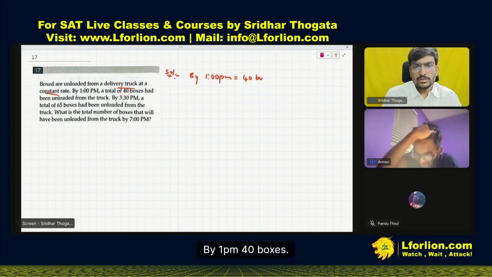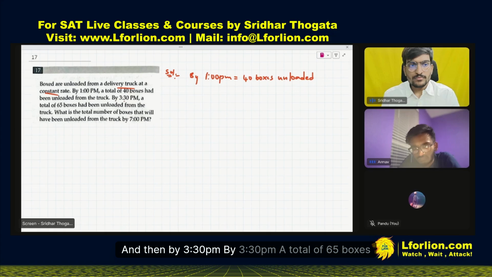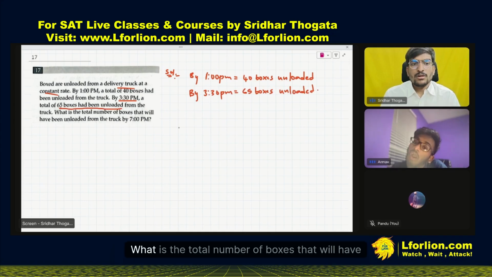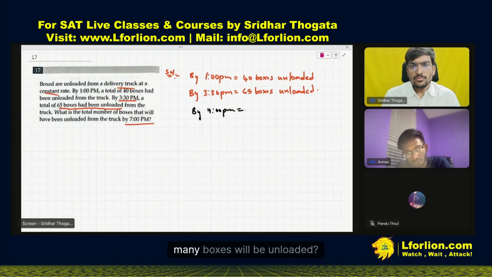And then by 3:30 p.m., a total of 65 boxes had been unloaded. What is the total number of boxes that will have been unloaded from the truck by 7 p.m.? By 7 p.m., how many boxes will be unloaded? So that's the question.